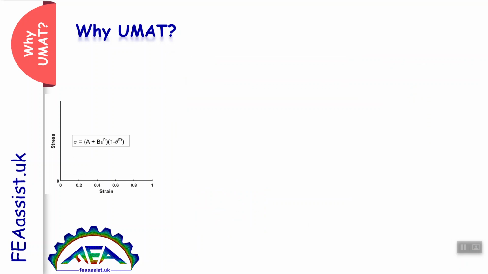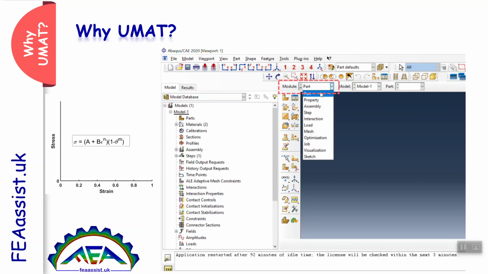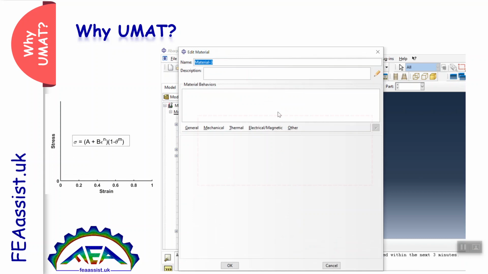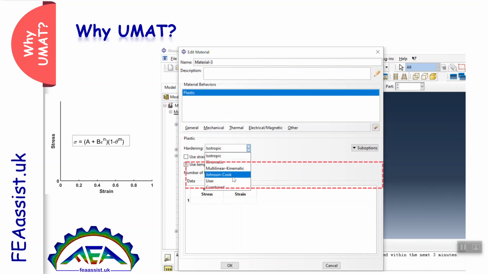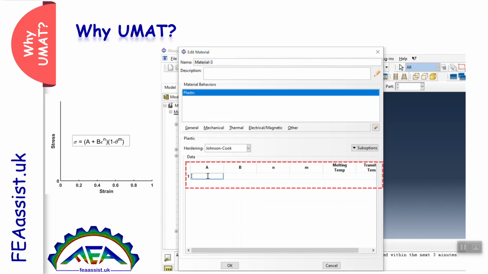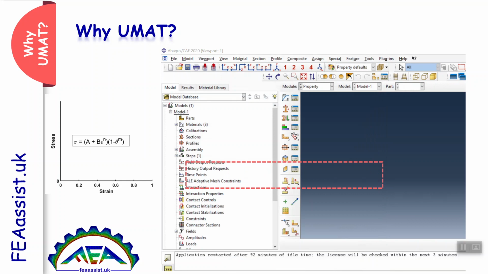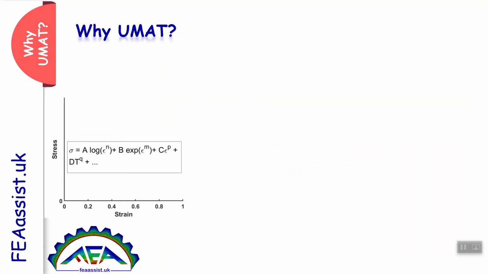If you have a constitutive equation which is well known and included in Abaqus, you can go to the property, define a material, and instead of entering the points, you can define the behavior and enter the parameters and constants of your model. Here it is the Johnson-Cook model. It is a more precise solution because you have an equation for all your points.